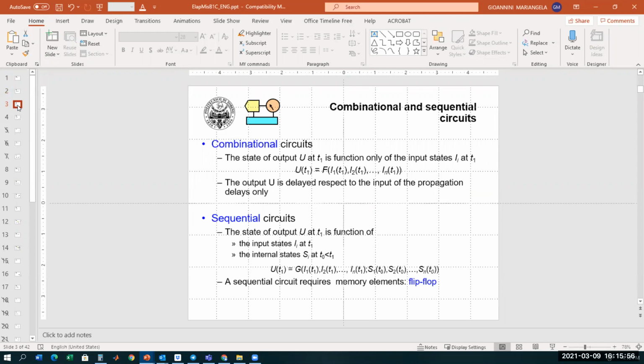As mentioned at the beginning, last week, the difference between a combinational logic circuit and a sequential logic circuit is the fact that in a combinational logic circuit, the output, in this case indicated with the letter U, is a function, even a complicated function, of the input logic states at the same time instant t1.